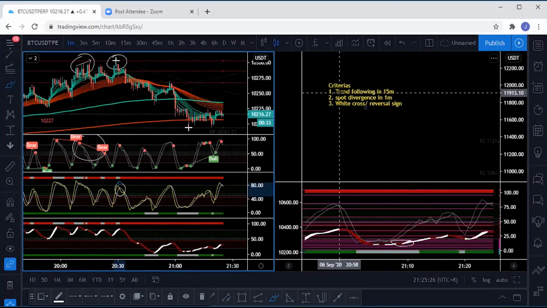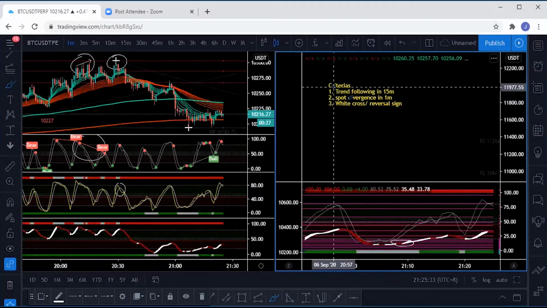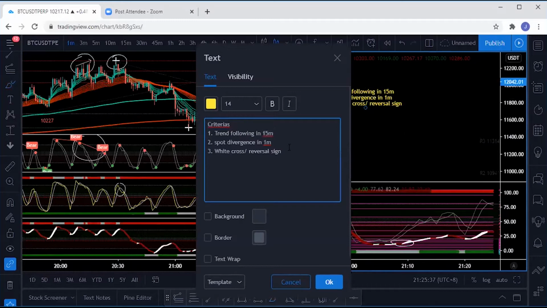Okay, four. Number four is the RSI signal crossover.